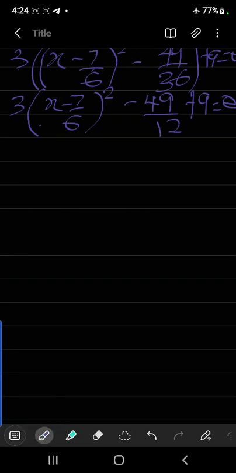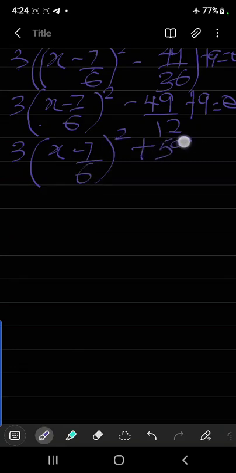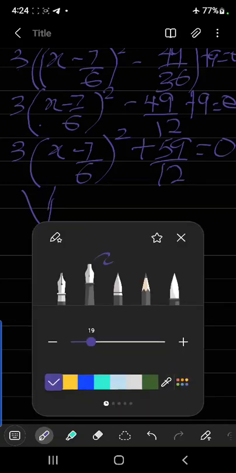So this is definitely 3 into brackets x minus 7 over 6 squared plus 59 over 12 equals 0. So what's our vertex? Our vertex there, right?